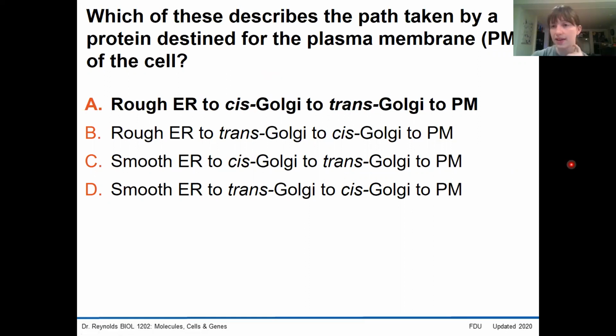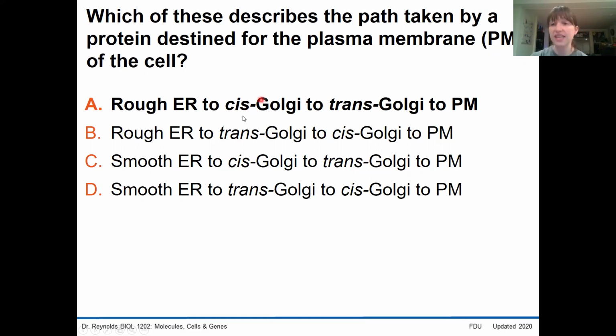Hopefully you were able to recognize that membranes are going to be synthesized in the smooth ER. And so we don't need C or D here because we're not dealing with a membrane. We're dealing with a protein made in the rough ER. These are going to go to the plasma membrane, which both of these options allow for. And so the decision becomes, do we arrive at the cis to the trans, or from the trans to the cis face of the Golgi?